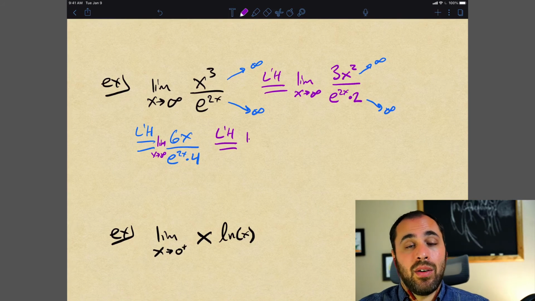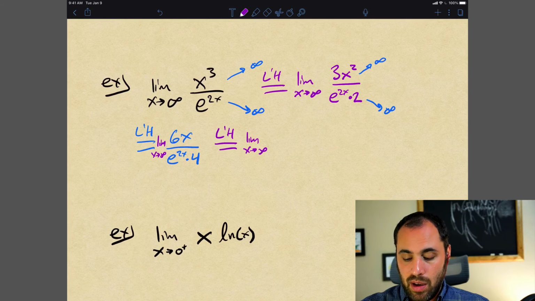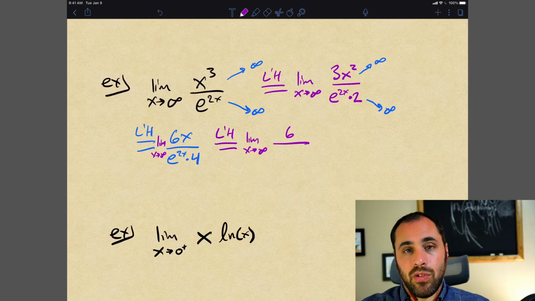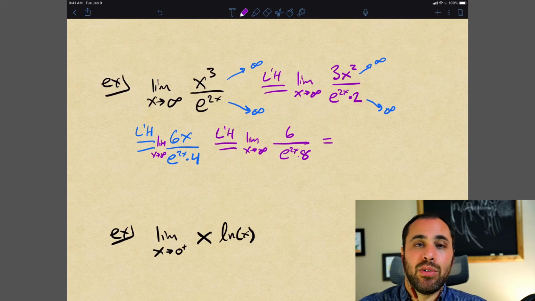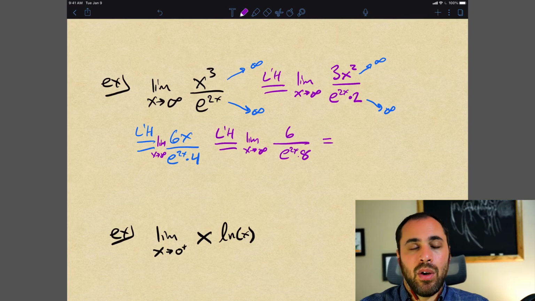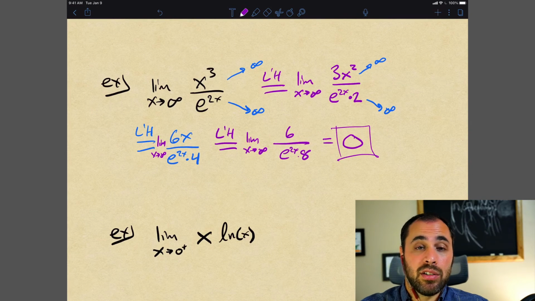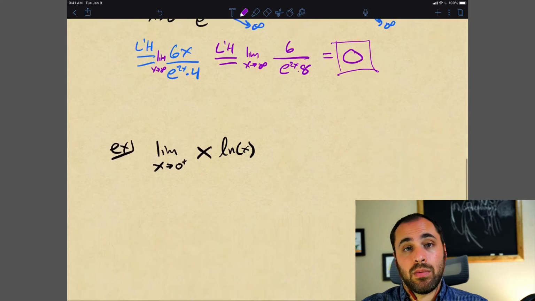So finally, we get 6 over e to the 2x times 8. We can let x tend to infinity. When that happens, we've got a constant number upstairs. The bottom is getting really large, so this quantity is approaching 0.